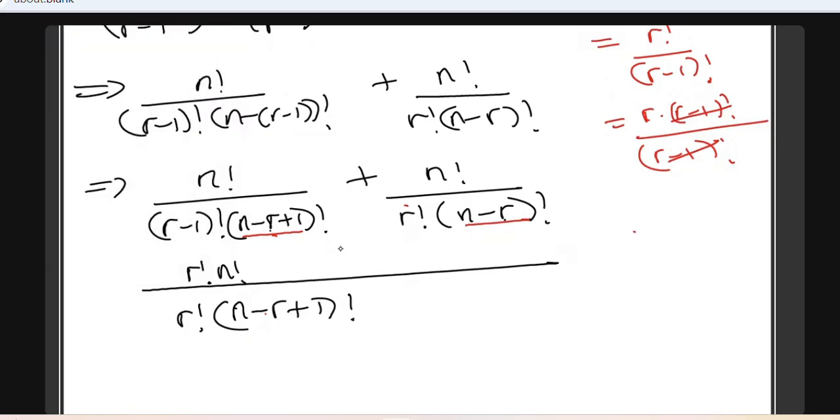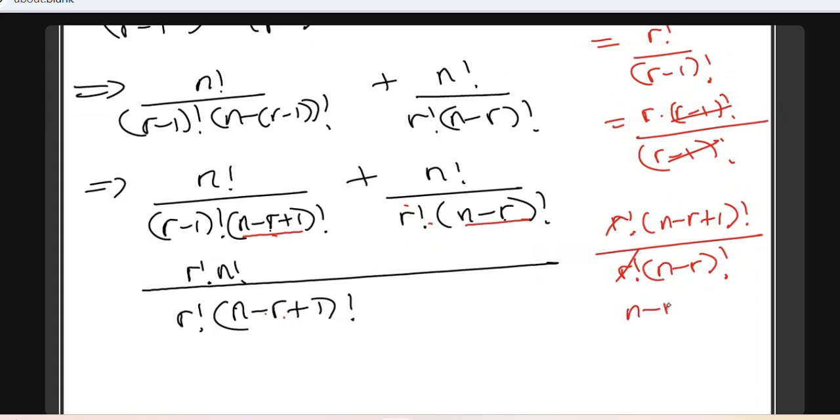This one into that, in a sense, you are saying r factorial (n minus r plus 1) factorial divided by r factorial, then (n minus r) factorial. So this and this cancels. So I remain with (n minus r plus 1) factorial over (n minus r) factorial.